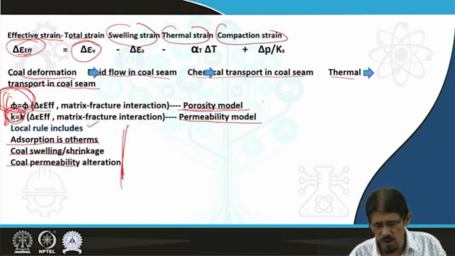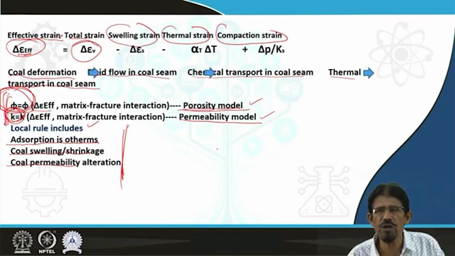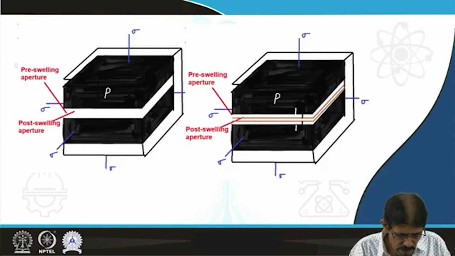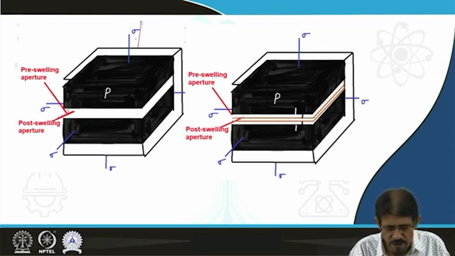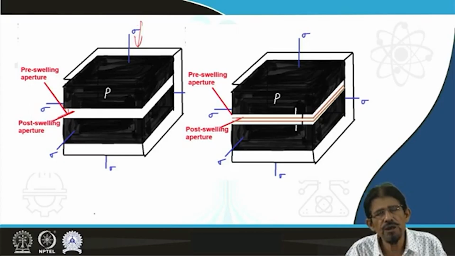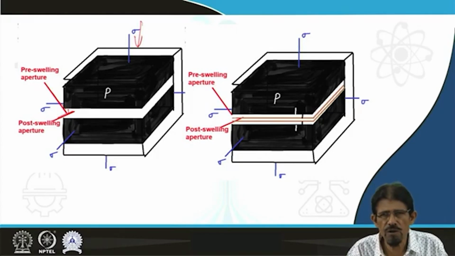So two models people are describing: the porosity model and the permeability model. The porosity model is purely based on poroelasticity. However, for the permeability model, one very famous is the matchstick model. Here the post-swelling aperture and the pre-swelling aperture in the initial state of CBM release are almost the same.